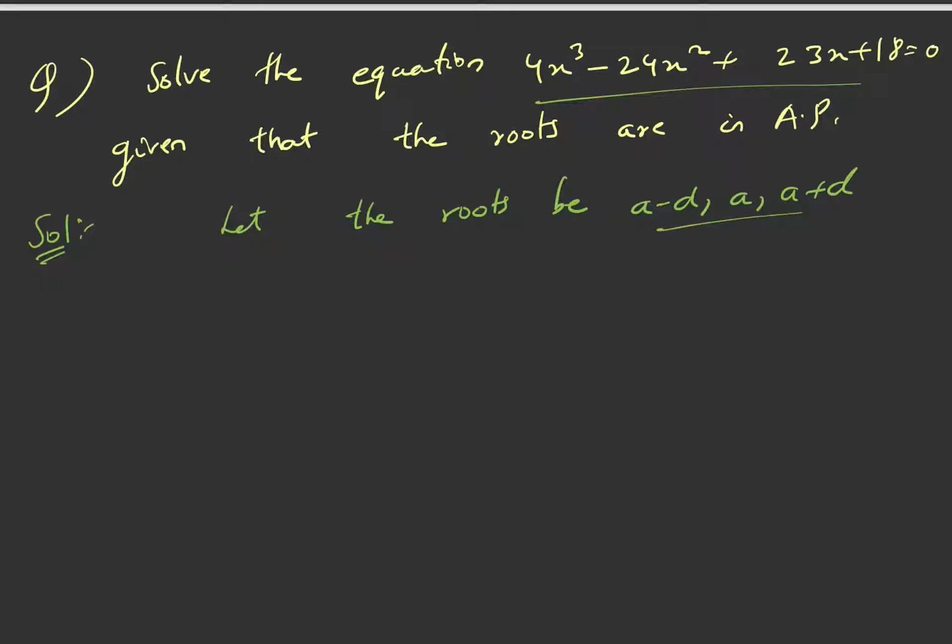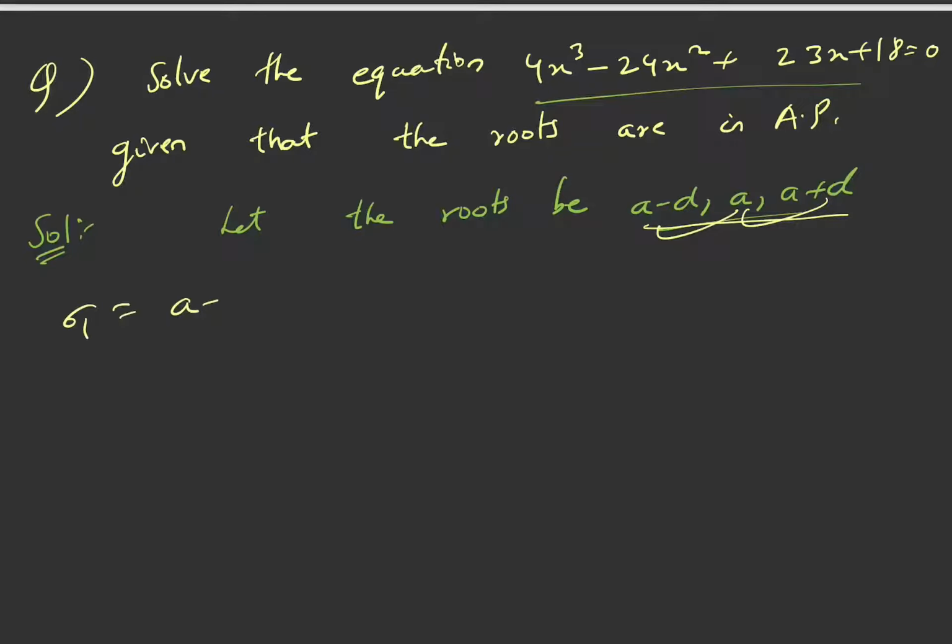If you have 3 numbers in AP, you consider them in this way. These are in AP with common difference d, right? Fine. So this we have studied when we were discussing the basics about AM, GM inequalities and what is AP and what is GP. So let the roots be a minus d, a and a plus d, because these are in AP clearly, because the common difference is d.